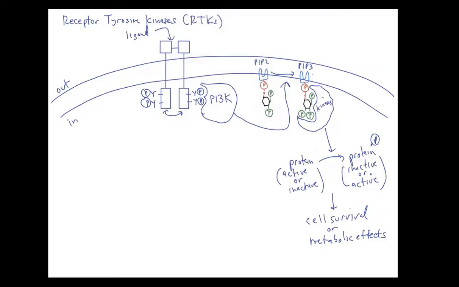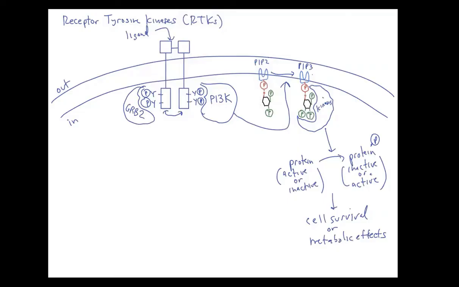Now, on the left side here, we're going to show that there's other possibilities for the RTK pathway, and that's going to be, again, these proteins that can bind to these phosphorylated tyrosines, okay? And we'll just say, for example, this one is called GRB2. GRB2 is an abbreviation for growth factor receptor-bound protein 2. It's an adapter protein that can just bind and assemble up against the membrane.